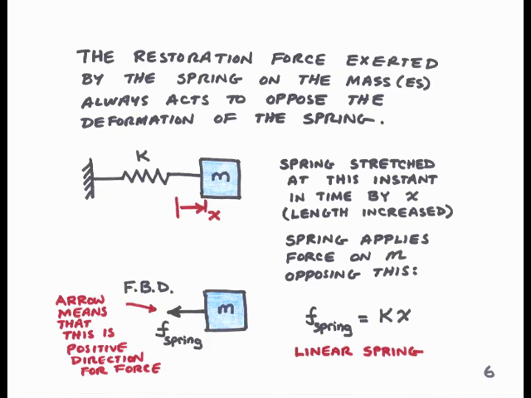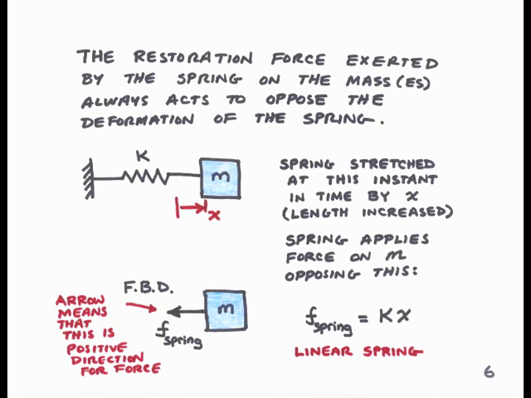What that picture means is that this is the positive direction for the variable F spring. That's what the meaning of the arrow is, in fact. It's not the direction the force is acting in. In dynamics problems, the spring force could be acting either way, depending upon where the mass was.